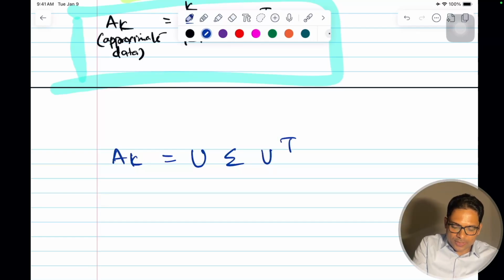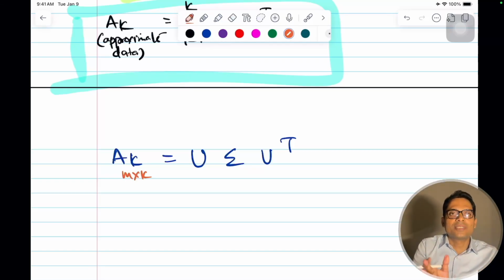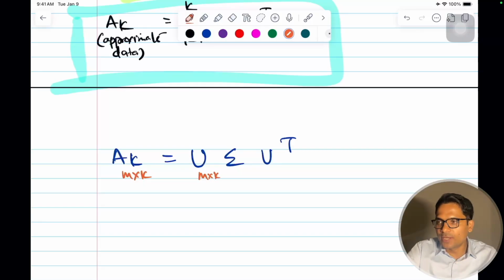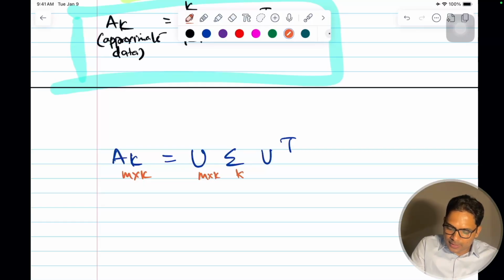What will be the dimensions? It will not get all the information. U will be M by K, sigma will be K by K, and V transpose will be K by N, where K is even less than the rank.